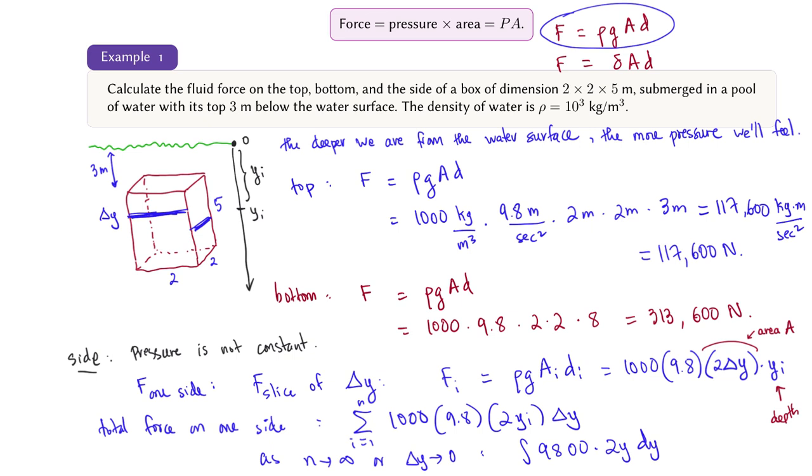We add up the slices from y equals 3 to y equals 8, so the limits of integration go from 3 to 8. Evaluating the definite integral, we get 539,000 newtons.